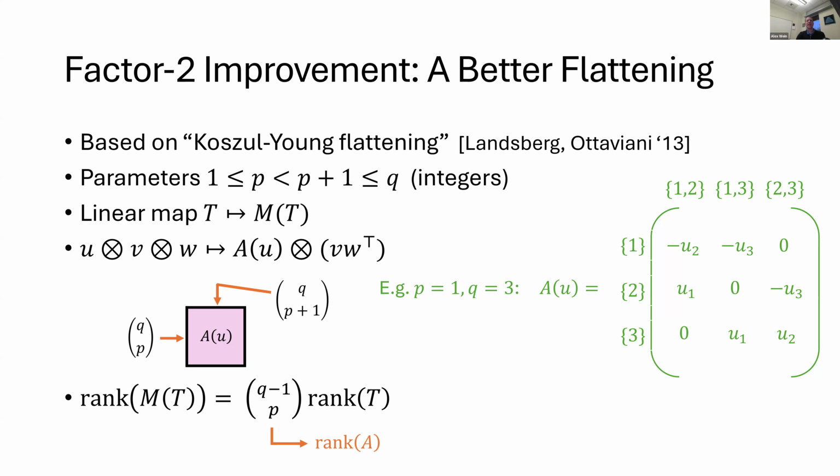So this has the rank detection property that we hoped for: the rank of the resulting matrix we've created is some fixed number times the rank of the original tensor. So that's the key idea for going into this overcomplete regime.